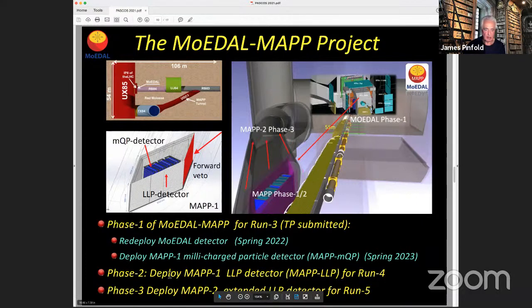Phase 2 will deploy MAPP 1, which is this LLP detector, this Russian box detector, around the phase 1 milli-charged particle detector. We'll deploy that for run 4 probably, and for phase 3 we'll deploy MAPP 2, which is an extension of the long-lived particle detector down the UGC1 gallery. We'll deploy that for run 5.